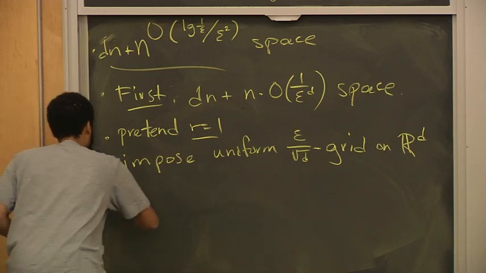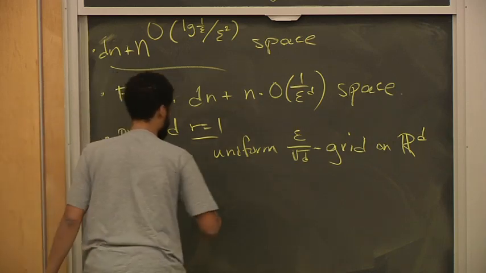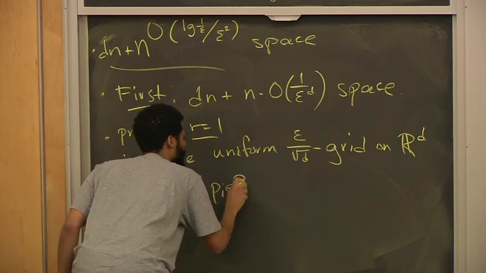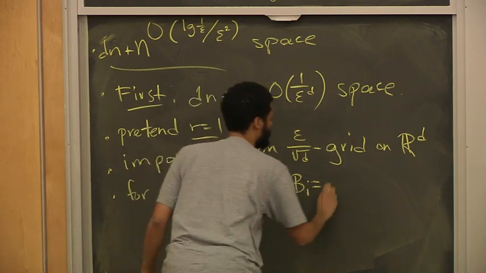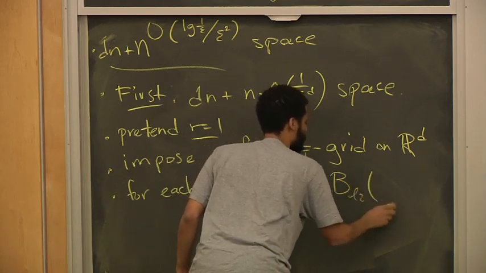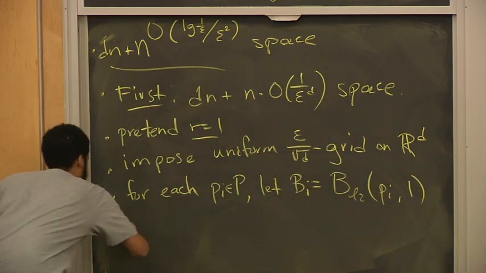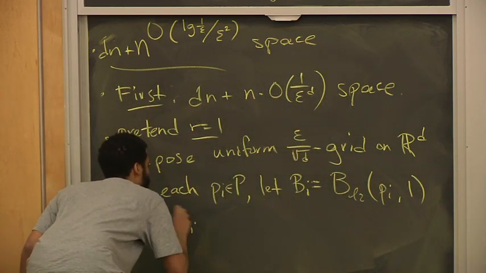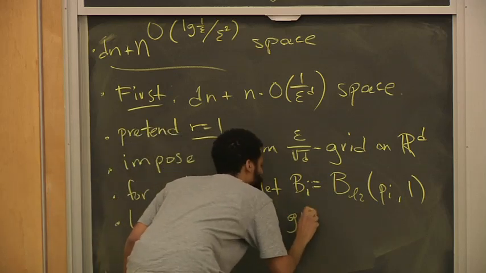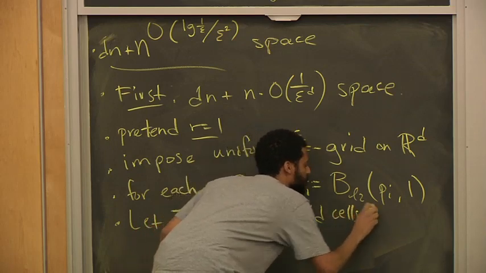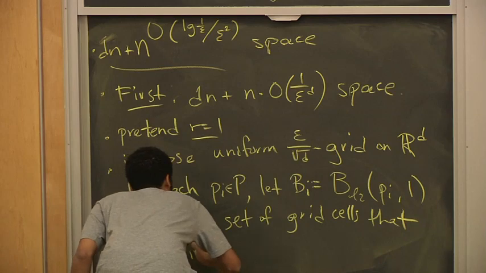Now, for each pi in P, let Bi be the L2 ball around pi of radius 1. Let Bi bar be the set of grid cells that Bi intersects.